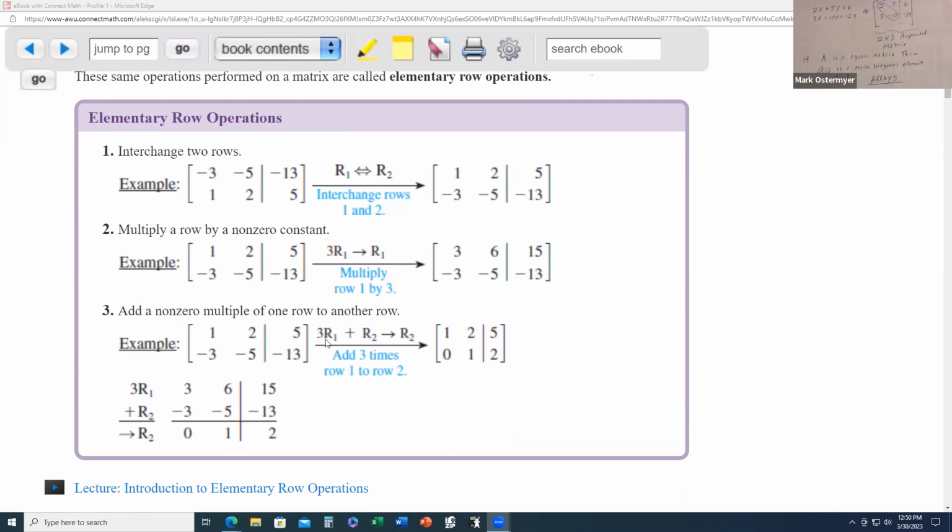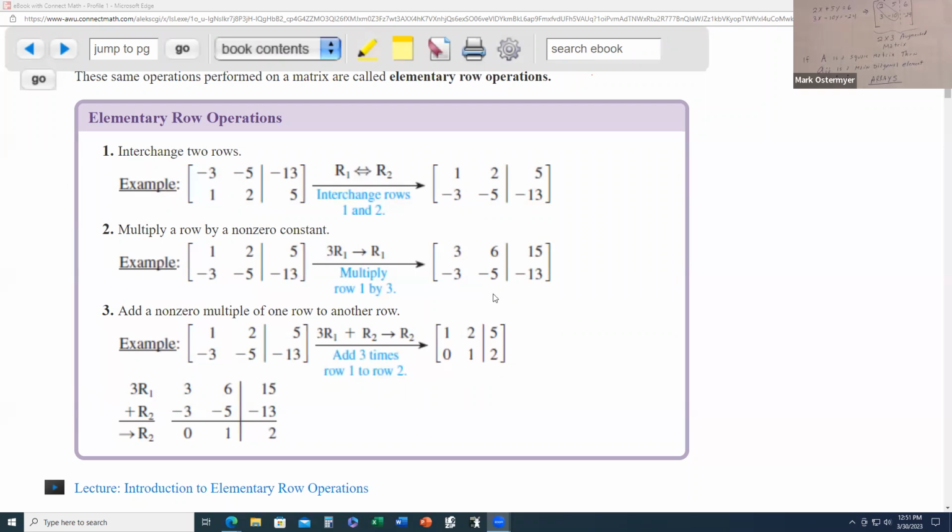So this notation is saying I'm multiplying row 1 by 3 and then adding those new entries to the corresponding entries of row 2 to produce a brand new row 2. So in this last elementary row operation, we're using row 1 to transform row 2. We're not changing row 1. We're using row 1 to change row 2 in an equivalent way. So this matrix over here to the right would still be equal to the matrix back over here.